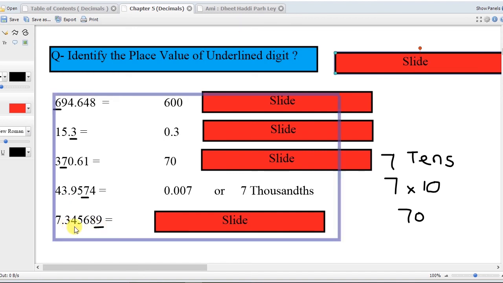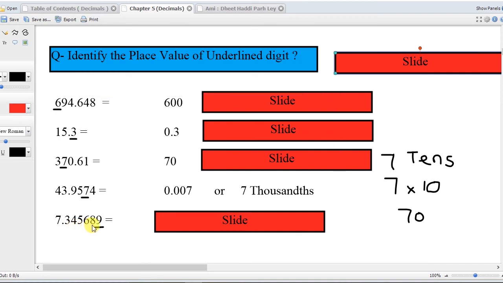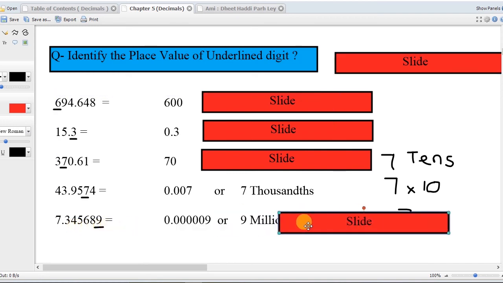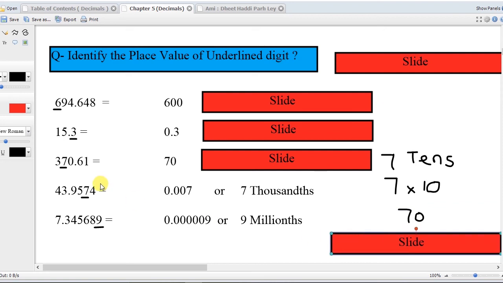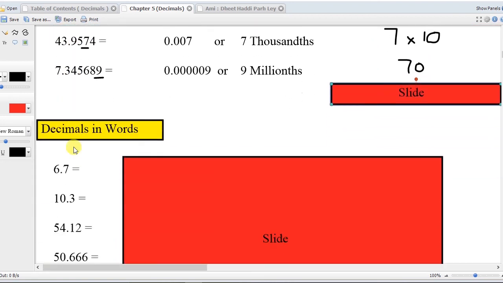So it's tenth, hundredth, thousandth, ten-thousandth, hundred-thousandth, and 9 millionth, right? Or you can simply write 0 point, and how many zeros? 1, 2, 3, 4, 5. 5 zeros, and then put a 9. So this is how you are going to solve these place values.